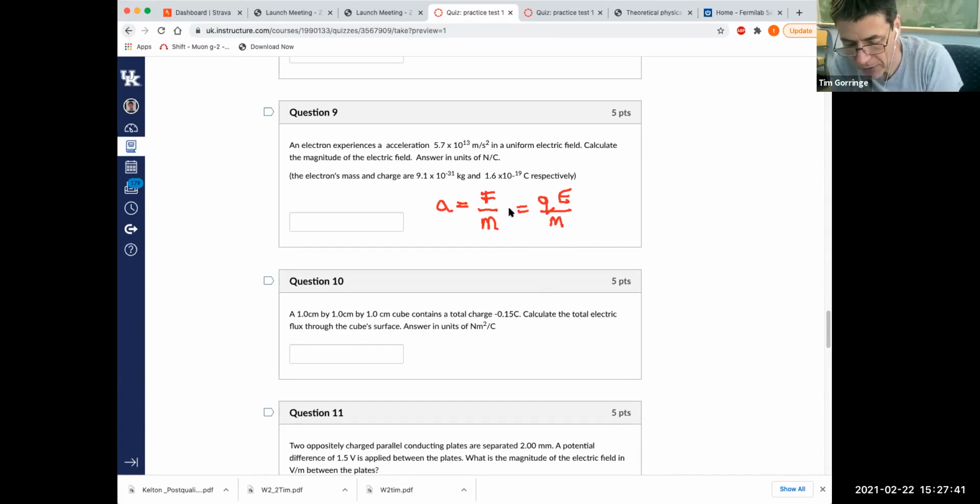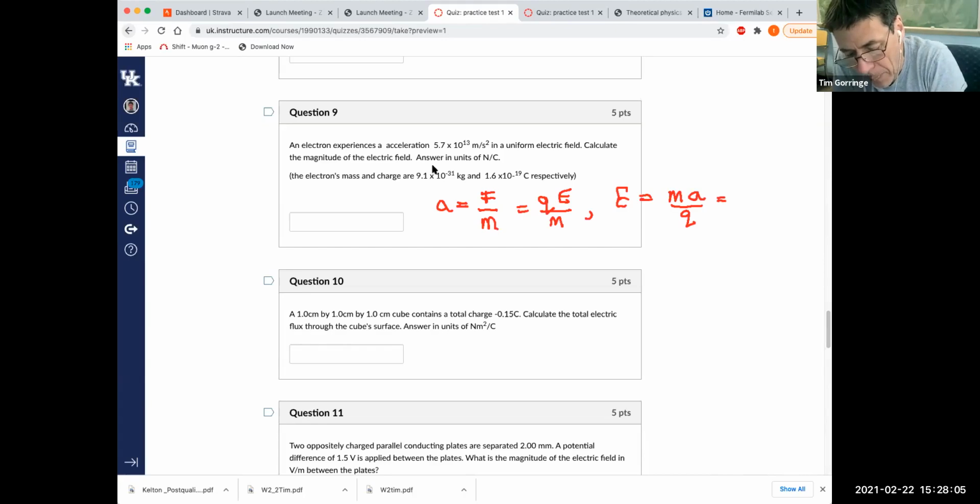And so here's a relationship between the field that we want and the acceleration that we know. If we turn it around, this is an equation that says that the mass of the electron times the acceleration of the electron divided by the charge of the electron will give us the electrical field. So all we need to do is to plug in the various numbers here.